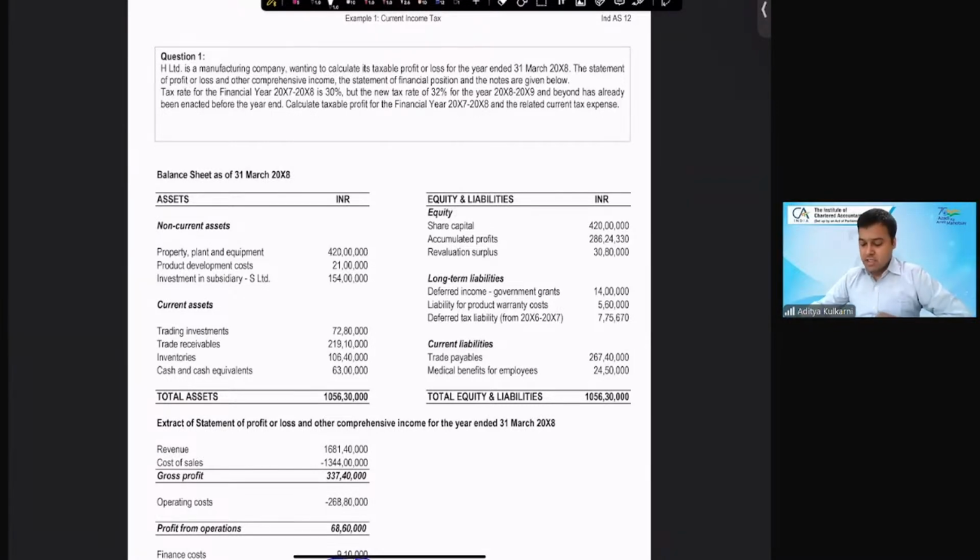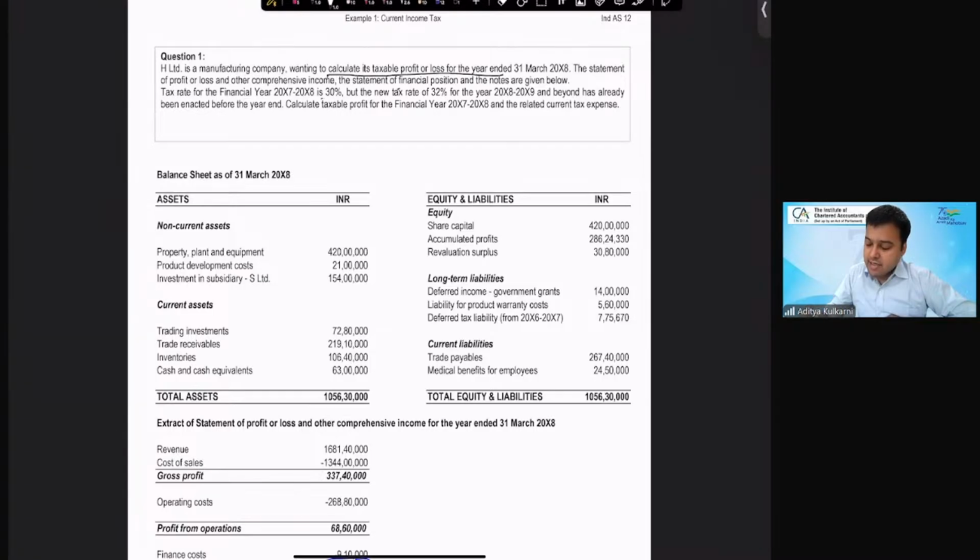Okay. So H Limited is a manufacturing company wanting to calculate its taxable profit or loss for the year ended 31st March. The statement of P&L and other comprehensive income, the statement of financial position, and the notes are given below. Tax rate for the year 7-8 is 30%.